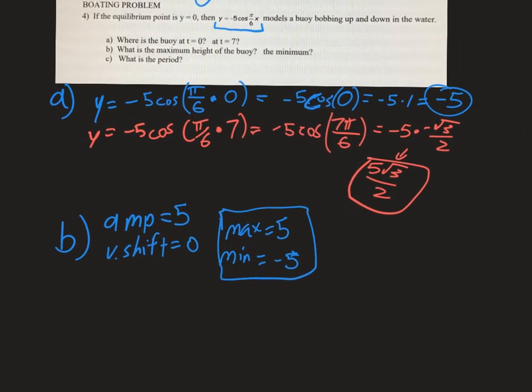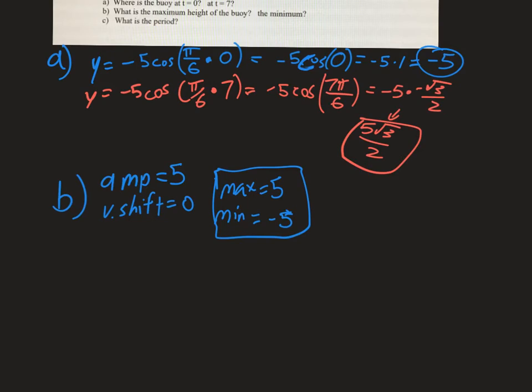Let's take a look at part C. Part C is asking me for the period. Guys, we calculated that previously. Your period is 2 pi over b. If you look back at your equation, your b value was pi over 6.